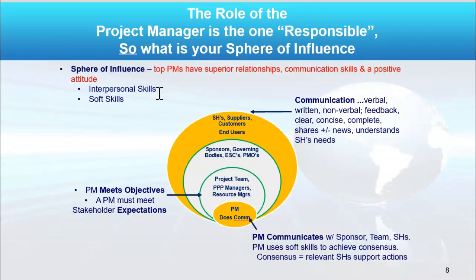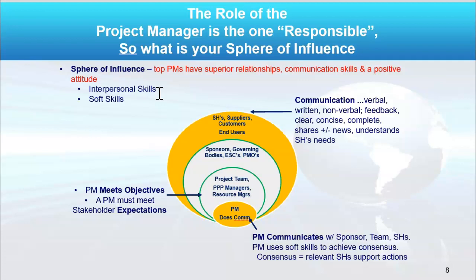Now, the sphere of influence I'm talking about looks like this, and this is really why you'll spend a lot of your time in negotiating, which is covered on page 5 and 6 of the book. So you have this sphere of influence where you've got to use your interpersonal skills, your soft skills, to communicate at various levels. At the very bottom center, you'll communicate within a small group.